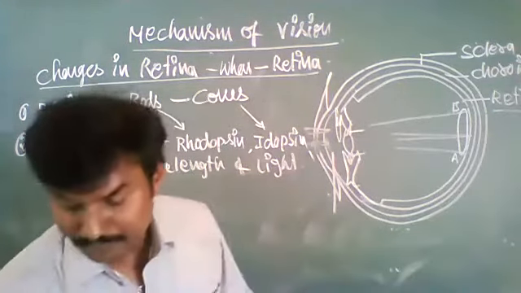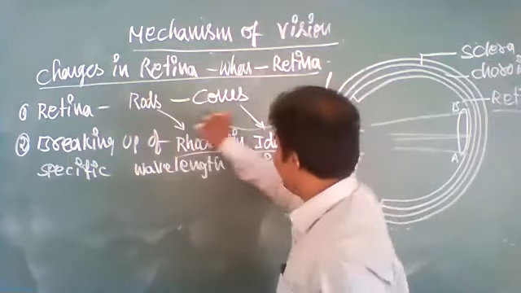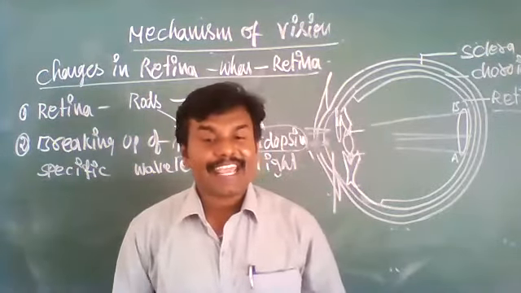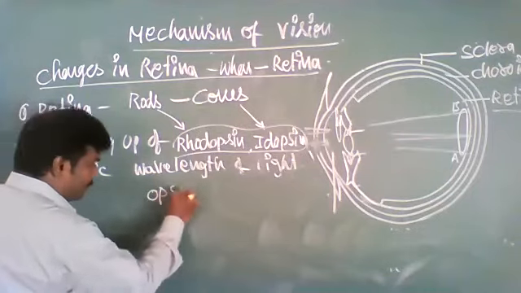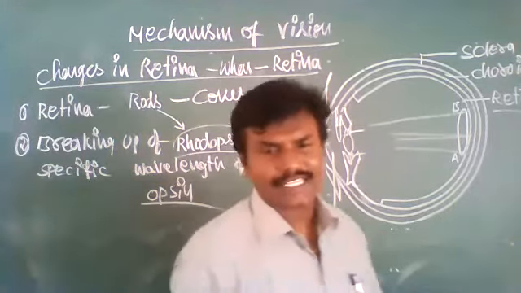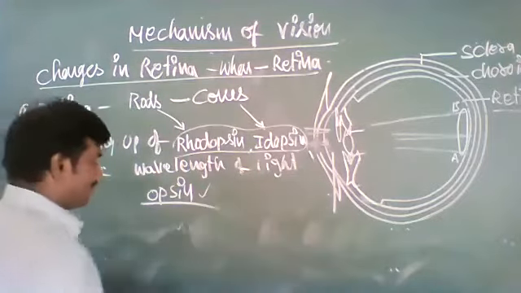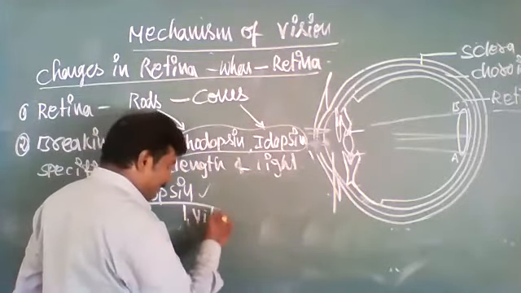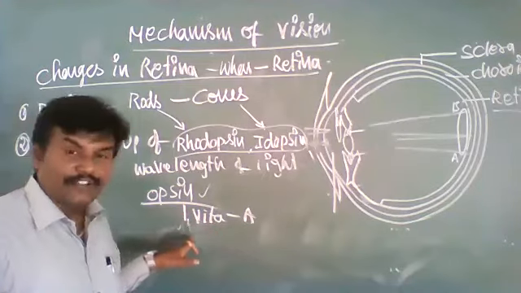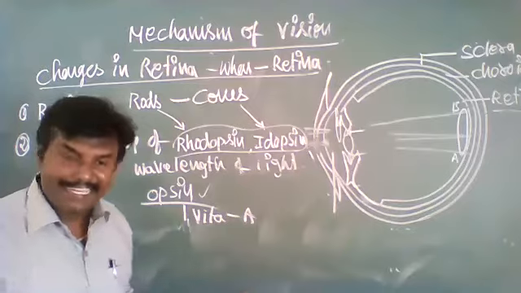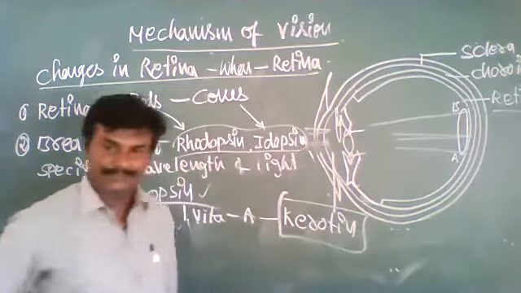See here. The photosensitive pigments in the human eye, rhodopsin and iodopsin, are made up of a special type of protein called opsin, which is an aldehyde form of vitamin A. That means opsin is formed from vitamin A. How do we get vitamin A? From carotene.